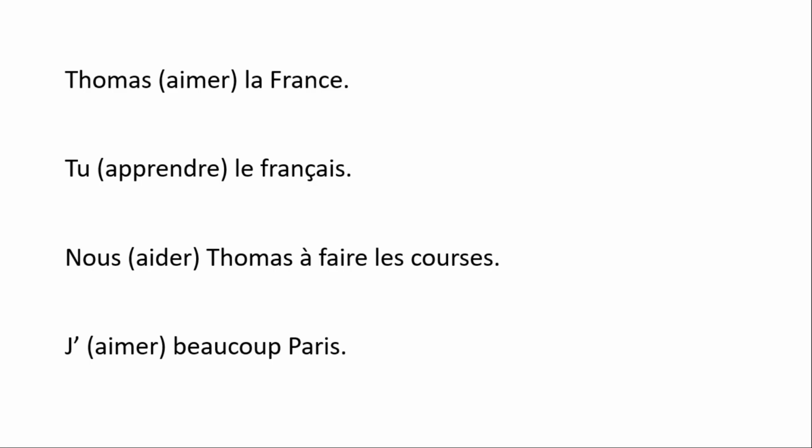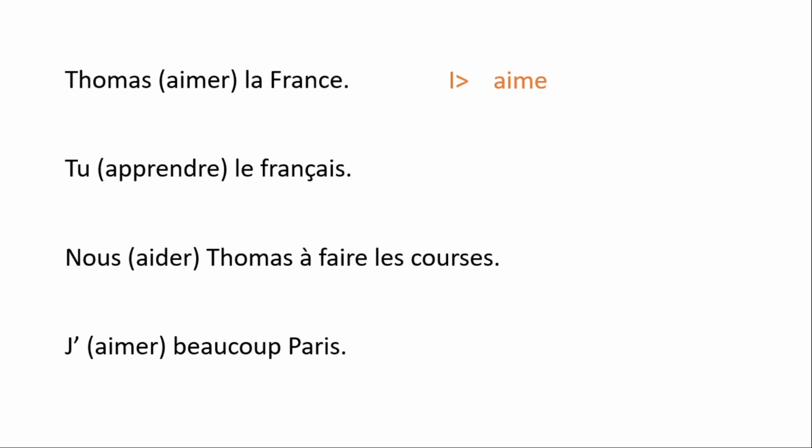Thomas is the equivalent of il, so we just add the conjugation from the first group, and we have aime. So Thomas aime la France. Because if you don't conjugate it, Thomas aimait la France is not correct. But Thomas aime la France.